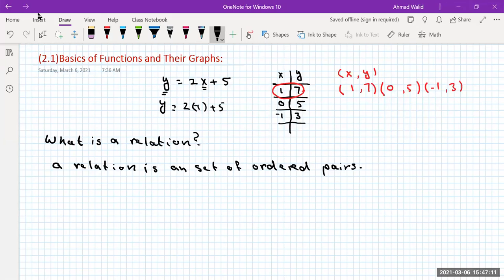Correct? Very simple. A relation is a set of ordered pairs. Correct?